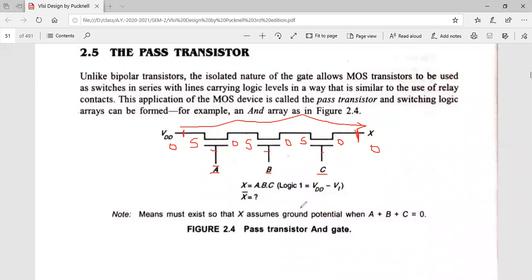So X bar will be A dot B dot C whole bar, which means A bar plus B bar plus C bar, right?